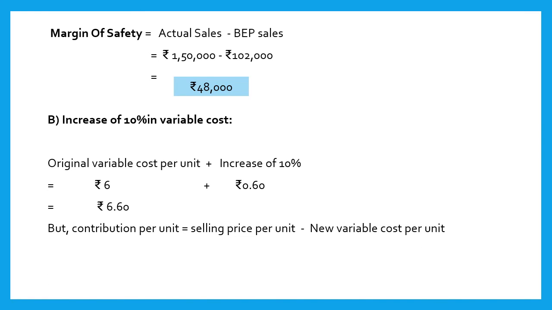But again we have to calculate contribution first. Contribution per unit is equal to selling price per unit minus the new variable cost per unit. We have the selling price per unit of rupees 10 minus the newly calculated variable cost per unit of rupees 6.60. So, deducting the new variable cost from the selling price, we get contribution per unit as rupees 3.40.